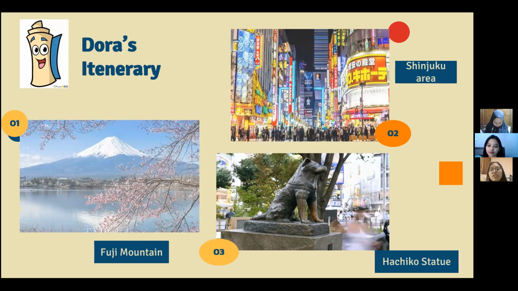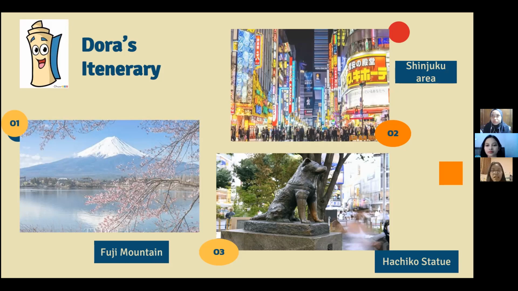Here, you see, before Dora goes to Japan, she makes the goals first through her itinerary. So the goals are the places that she wants to go. And then after that, she plans how to go to those places and what food she wants to eat, something like that.